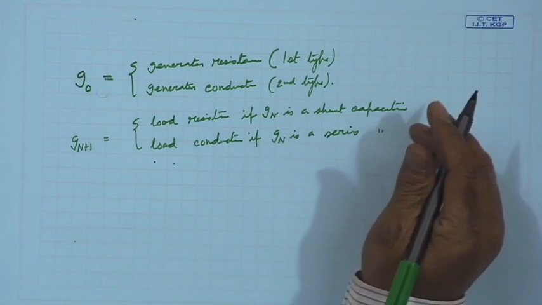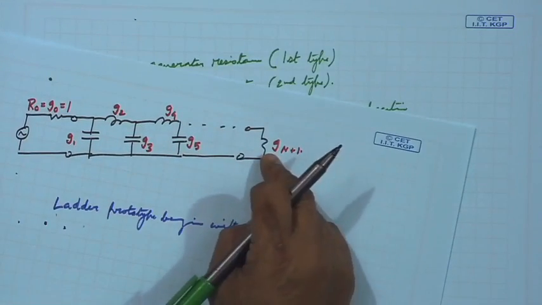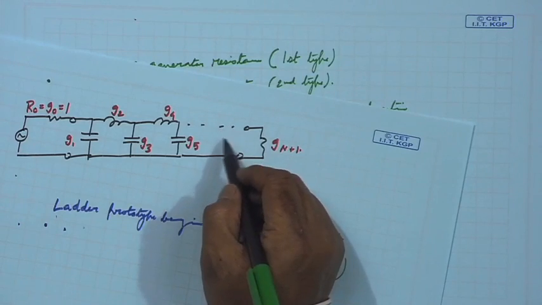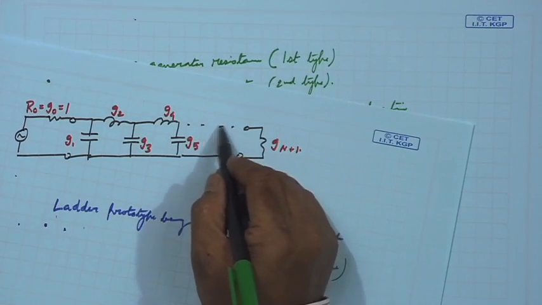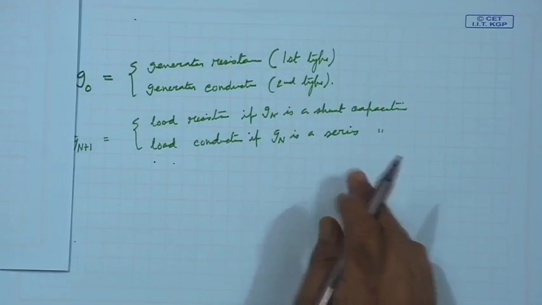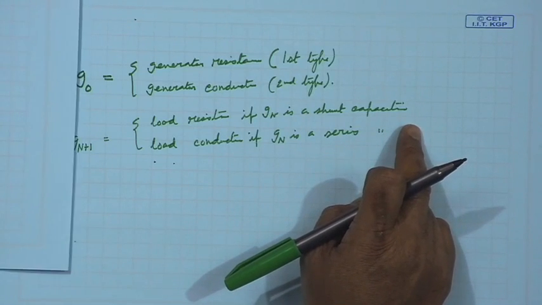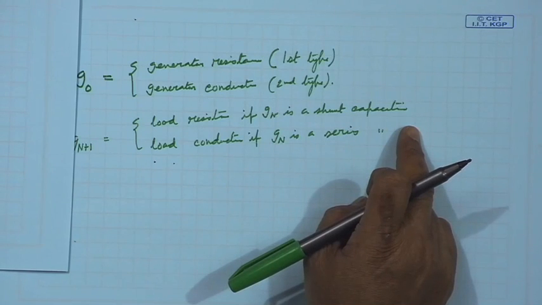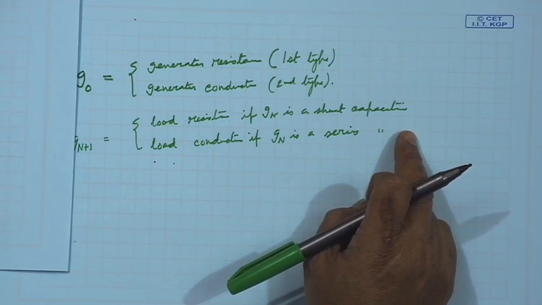Please understand that here it is a ladder network. So, this G n plus 1, what it is depends on the previous element. If I have finished with the previous one, Gn, if it was a shunt capacitance, then this will become a load resistance.